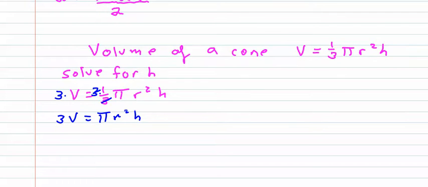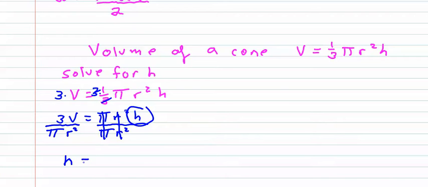It's still multiplication. So what I'm going to do is divide both sides by whatever I want to move. I want to move the pi, divide by pi. I want to move the r squared, divide by r squared. Pi's cancel, r squareds cancel. H is now by itself. H equals 3v over pi r squared.